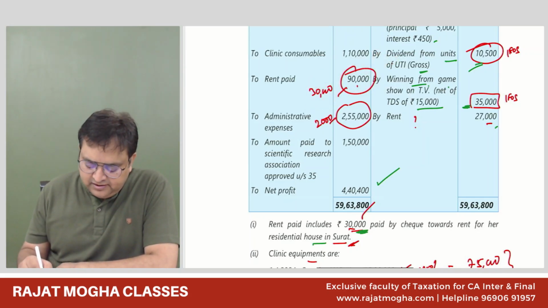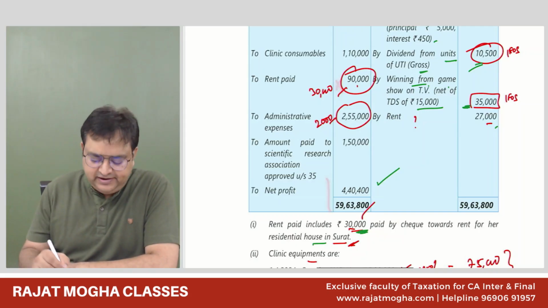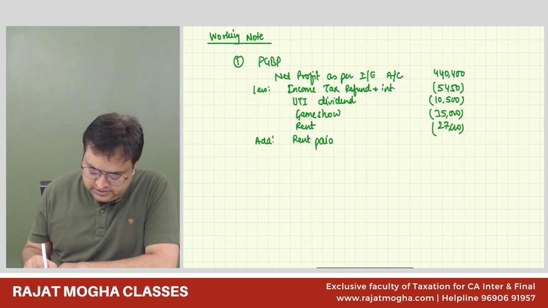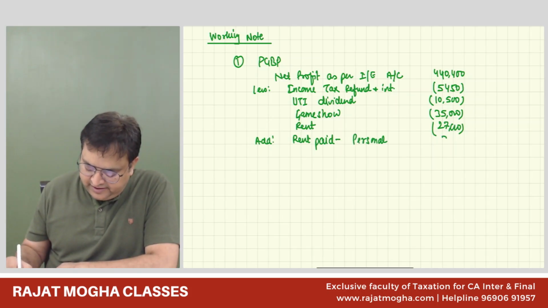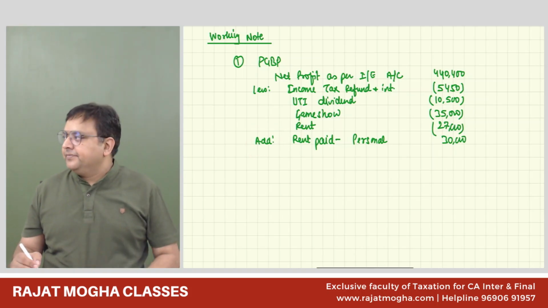So we will delete this expense, and you understand if we delete an expense, our profit will increase. So we'll add back this rent paid, which is personal. Whenever I will be deleting my expense, my income will be increased. So that is the reason we are adding it.